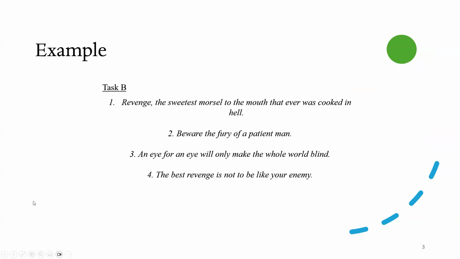So, as an example, I'm going to demonstrate how to critically engage with these prompts. And if we have a Task B here: Revenge, the sweetest morsel to the mouth that ever was cooked in hell. When you're trying to engage critically, the thing that you have to do is to ask questions. Why do we ask questions?